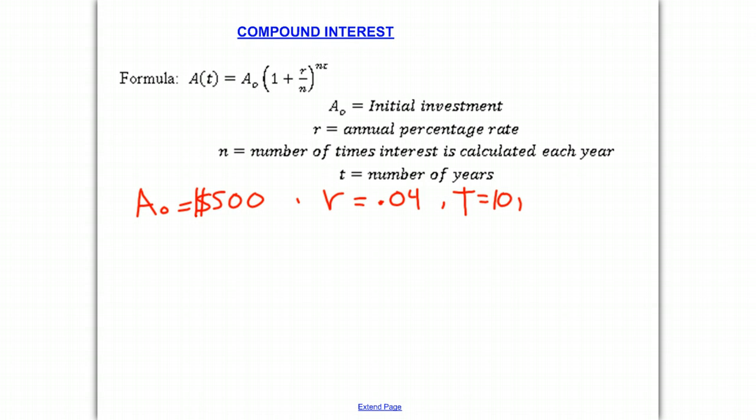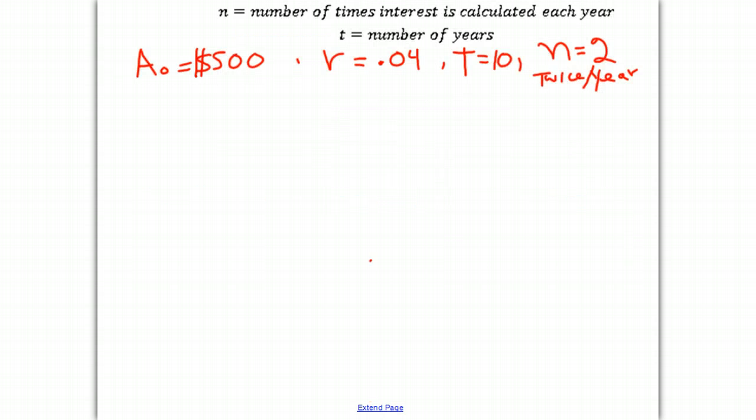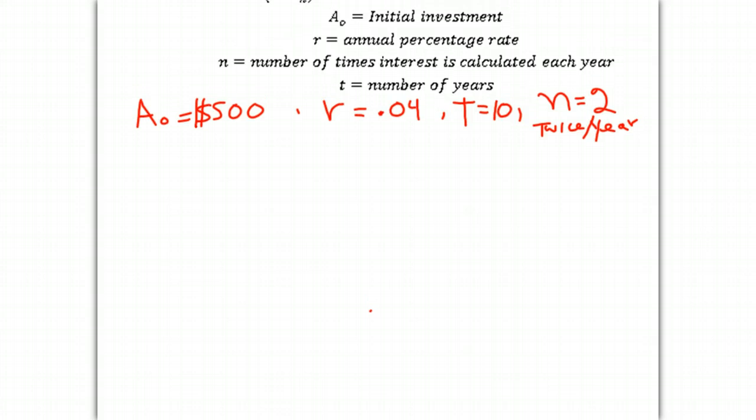But now let's say we want to compound this twice a year, semi-annually. That means our n would be equal to 2, which is 2 times per year. So let's see how this works out.